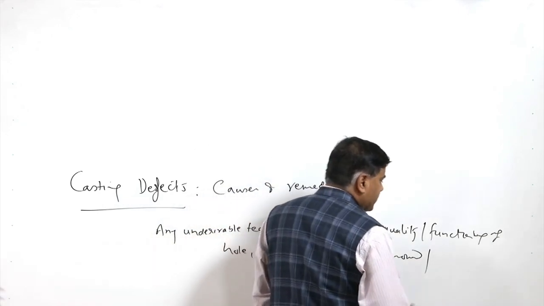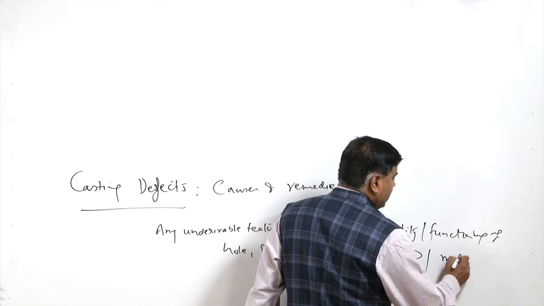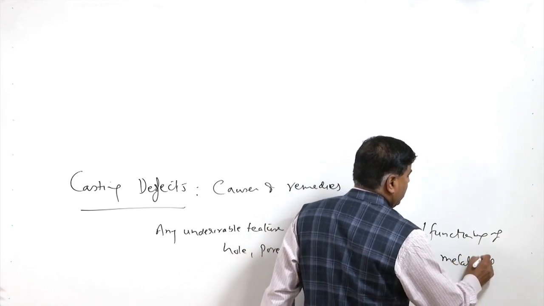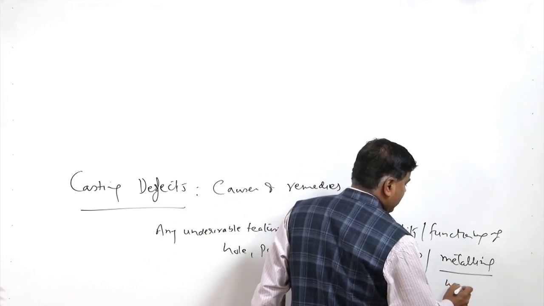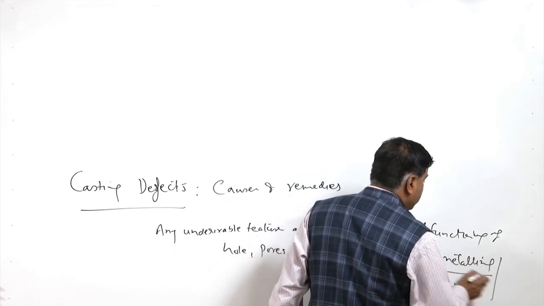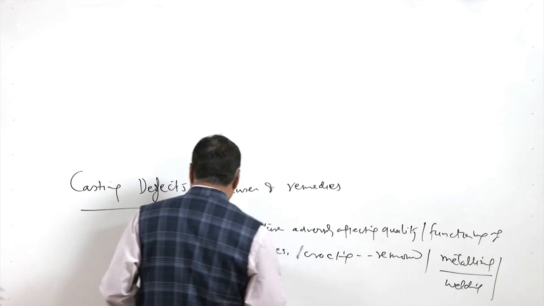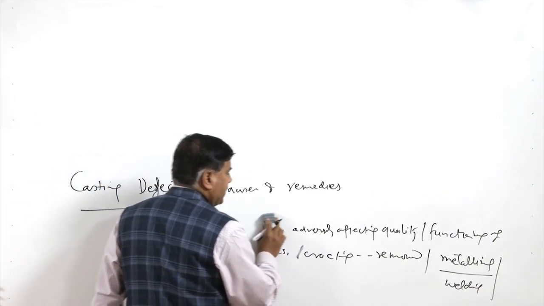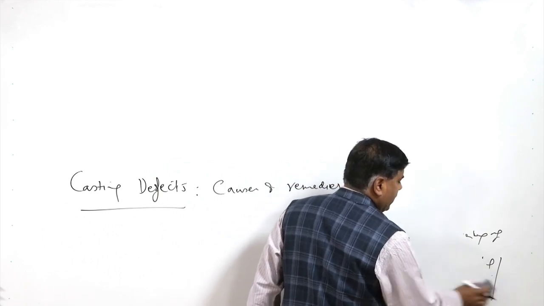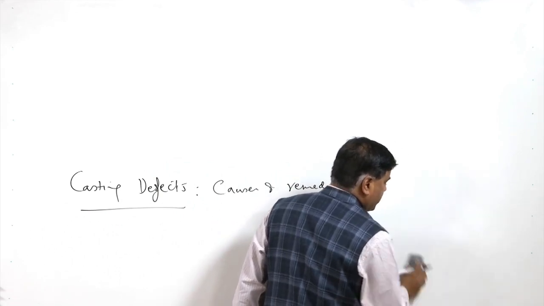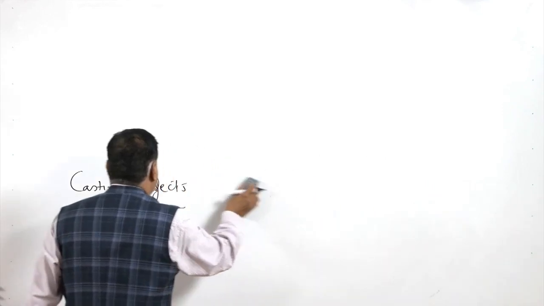For this purpose, basically metallizing, that is the deposition of metal, and welding are commonly used, so that the defects in the casting can be removed and the casting can be used for the purpose for which it has been made.